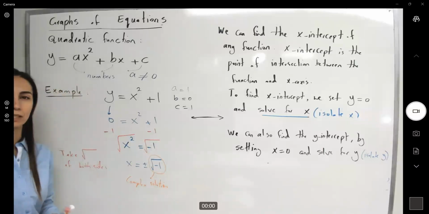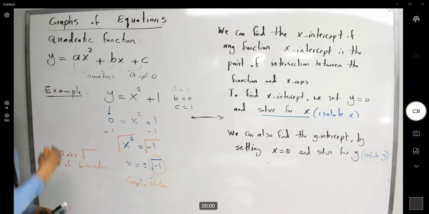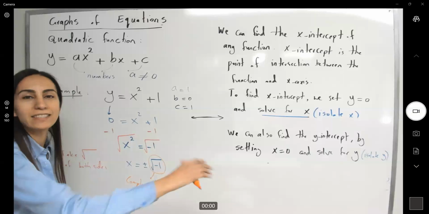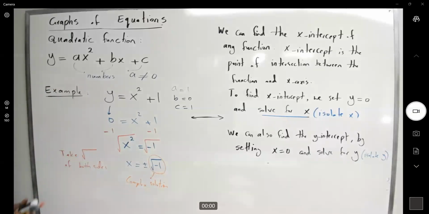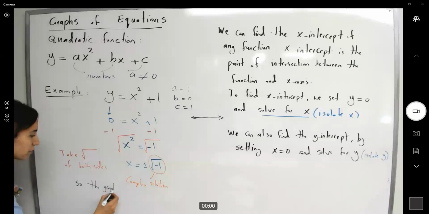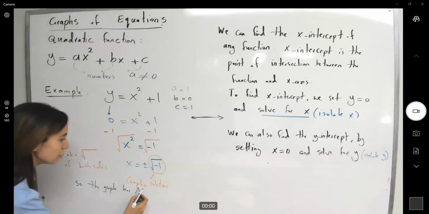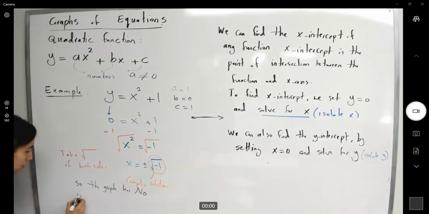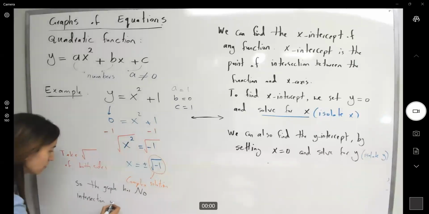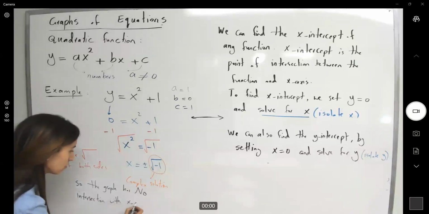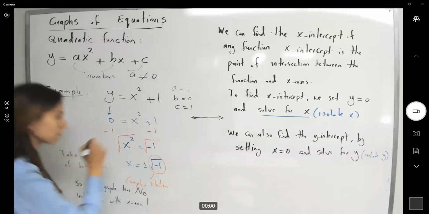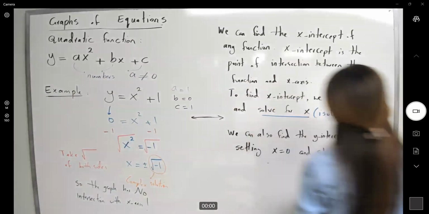What's the meaning of that? It means that the graph doesn't touch the x-axis. So the conclusion is the graph has no intersection with the x-axis.